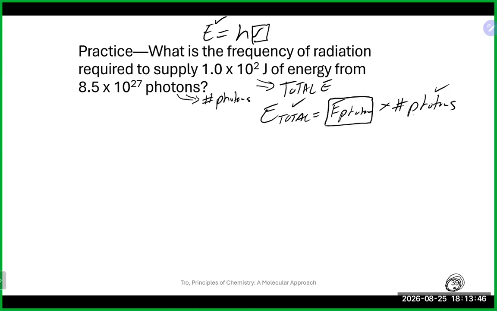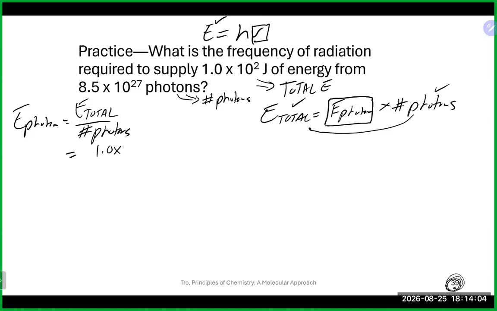So we're going to divide that to the other side, and that will give us that the energy of a photon will equal our total energy divided by the number of photons. That's going to give us the energy per photon. If we pop our numbers in there, we have 1 times 10 to the 2 joules divided by 8.5 times 10 to the 27 photons.